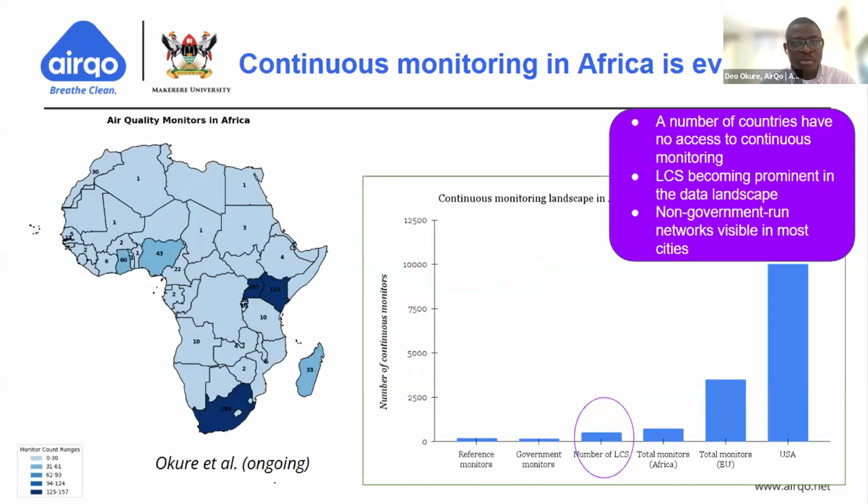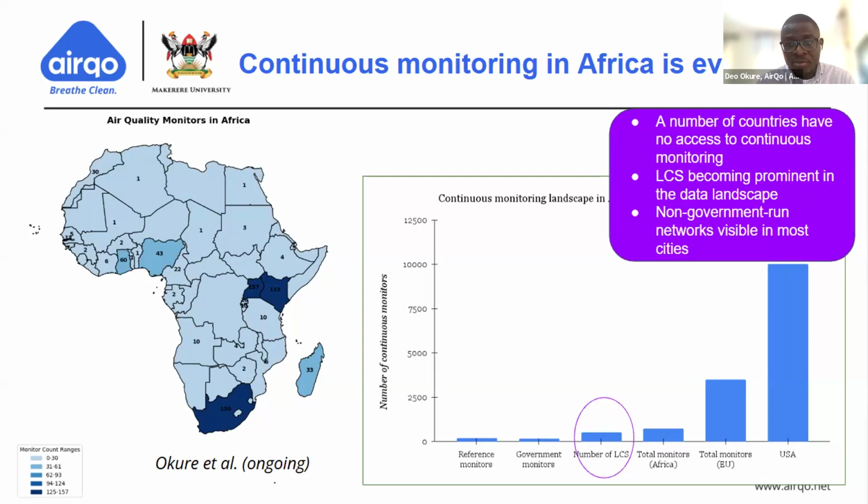I believe this is probably not new information to many people here, but just have 3 bullet points to, again, confirm that. One, there's lots of countries and cities that do not have access to a single continuous monitor for air quality.